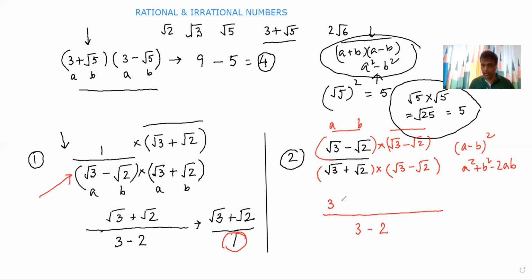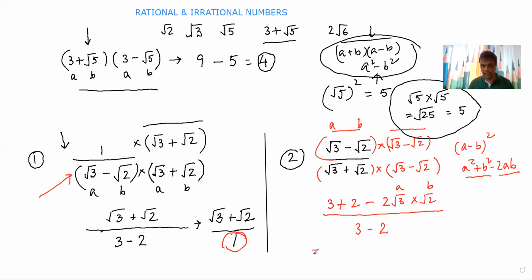What is root 2 square? Plus 2, right? A square plus B square is done. Minus 2AB, which is 2 into root 3 into root 2. Right? A is root 3, B is root 2. So minus 2AB will be minus 2 root 3 into root 2.